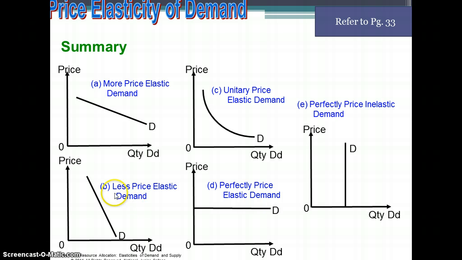And look at the second case, whereby the demand is less price elastic, or rather the demand is price inelastic, and it is represented by a demand curve whereby the slope is relatively steeper. And these three, unitary price elastic demand, perfectly price elastic demand, and perfectly price inelastic demand, are shown over here. These three are special cases.